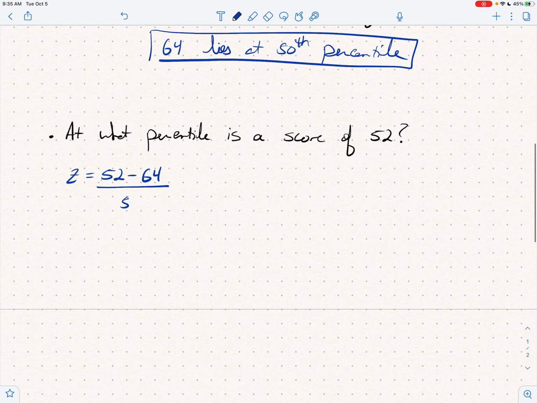Yeah. So we get minus 12 over 5. Let's switch that to a decimal, and I get minus 2.4. So that's the z-score.